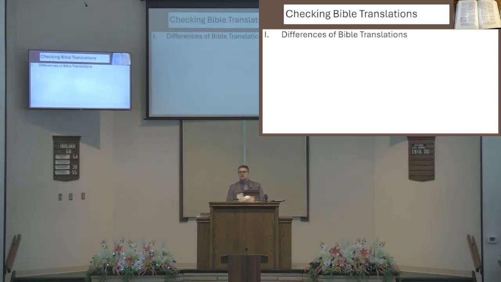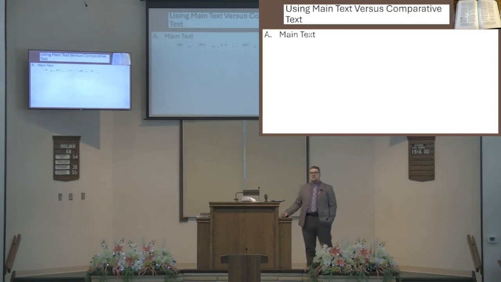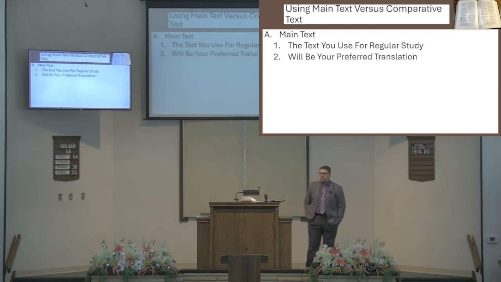But I want us to get a basic understanding of the differences before we get into talking about how we check translations. Because the first thing we need to do is understand about using our main text versus using a comparative text. So our main text, that's the text we use for regular study. This will be your preferred translation.